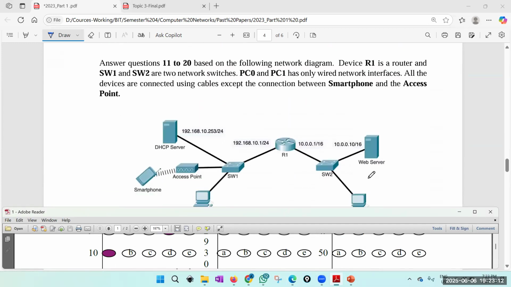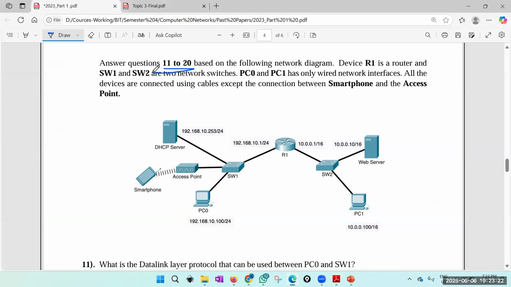Right, 11th question. This is an interesting, challenging question. Answer questions 11 to 20. You can see almost 10 questions are based on the following network diagram. Therefore, read the question carefully because this is related to 10 questions, right?